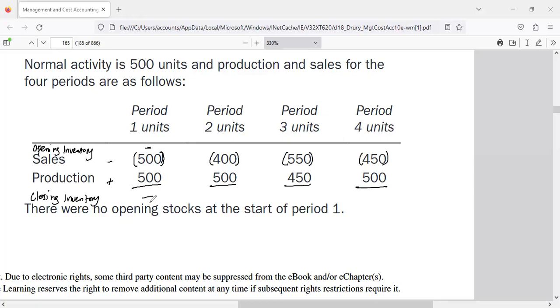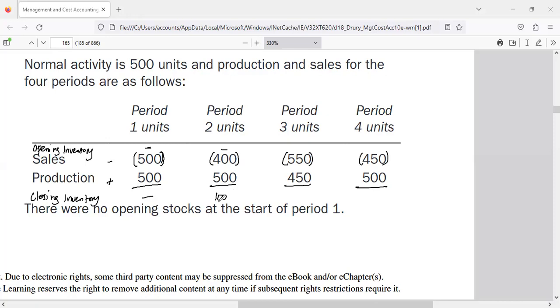In period 2, there is no opening inventory because this would come from period 1, but there is no closing inventory in period 1 simply because production equals sales. Now in period 2, I will simply get my production, which is 500, minus the units sold 400, giving us 100 units. That is closing inventory for period 2.